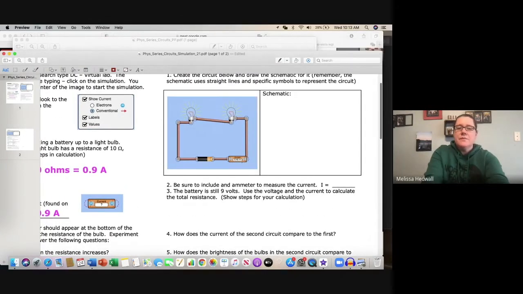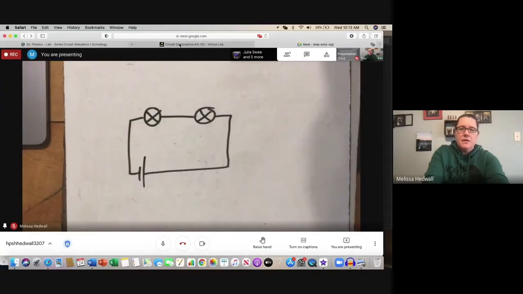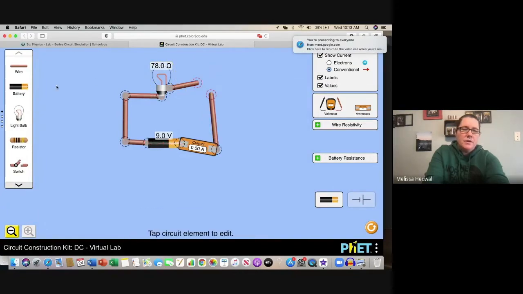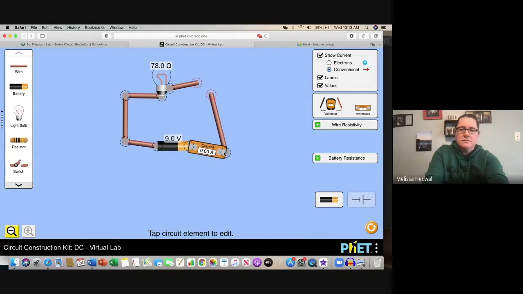And then it says when you build it to be sure you include the ammeter and measure the current. So I'm going to go ahead and build this one here. I'm going to disconnect what I have here, put in another bulb, move things along. Let's do some moving for a moment, see if we can get all this worked out.